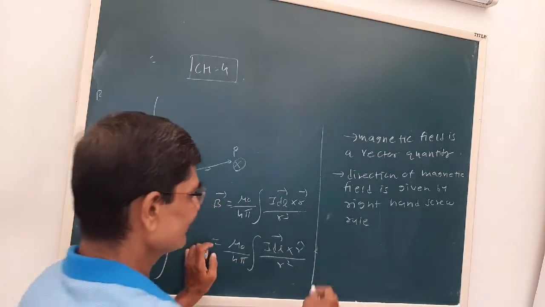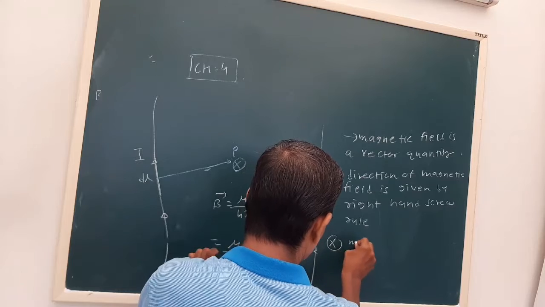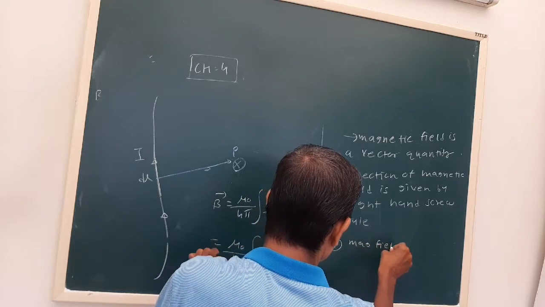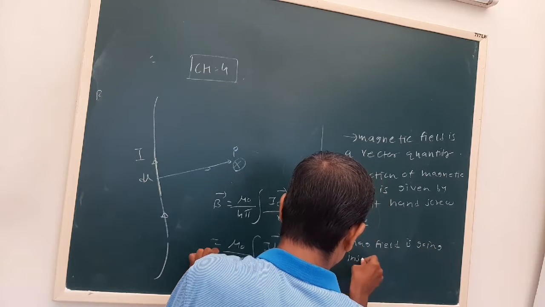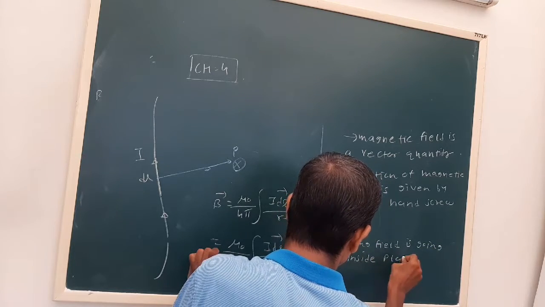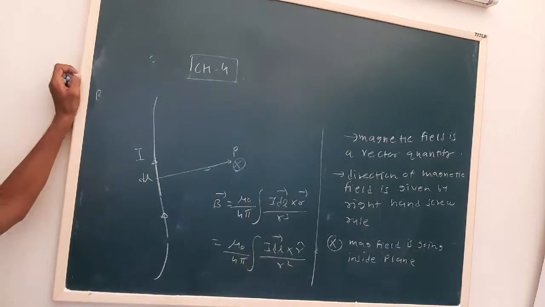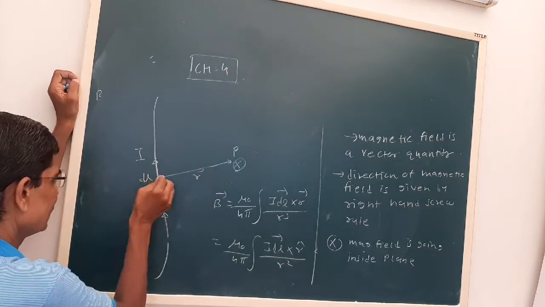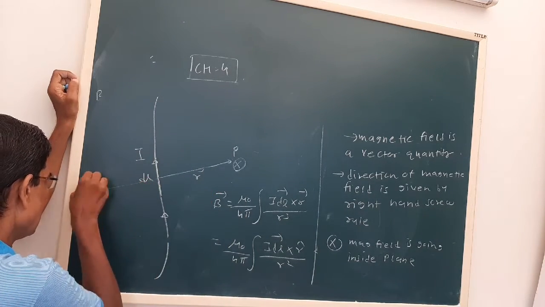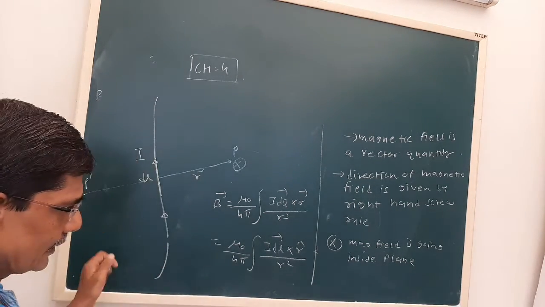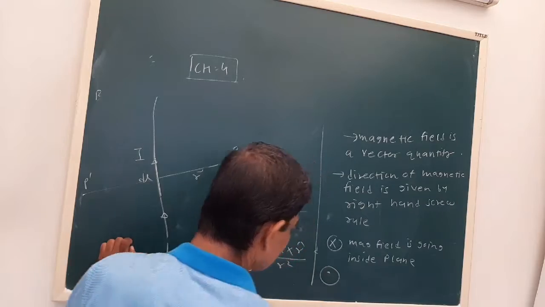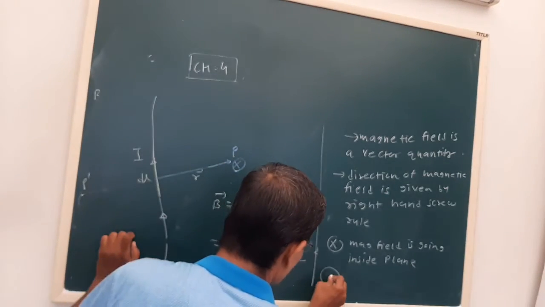See here, the cross shows the magnetic field is going inside the plane. And if I take a point outside on the left hand side, then it will be reversed, and it is represented by a dot like this.